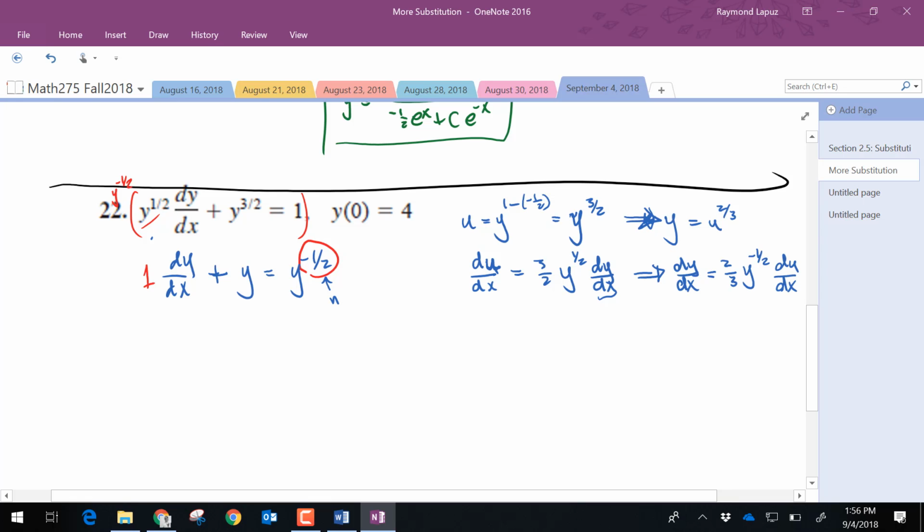I want dy dx by itself. I also want to make sure I change everything into u's. So 2/3.